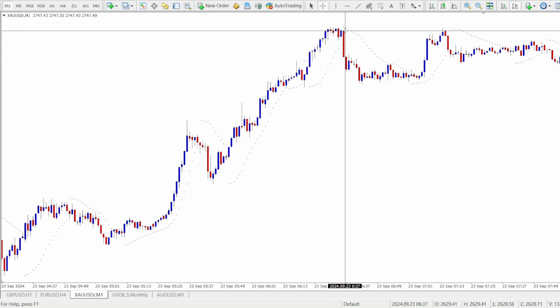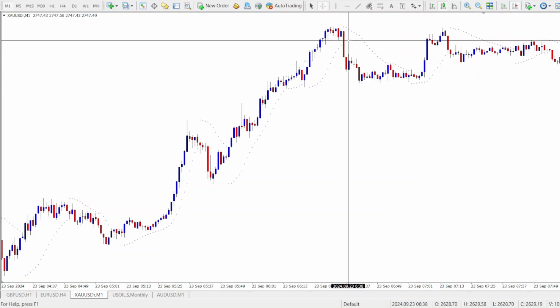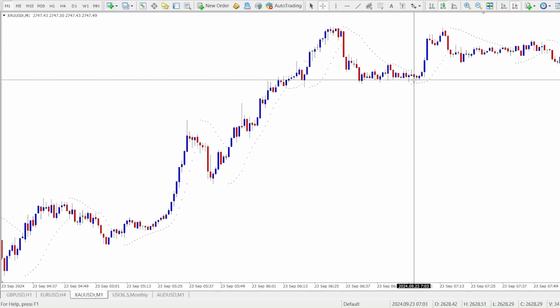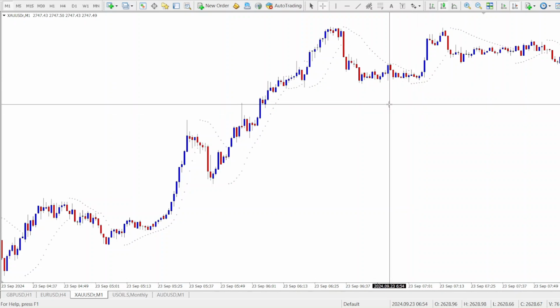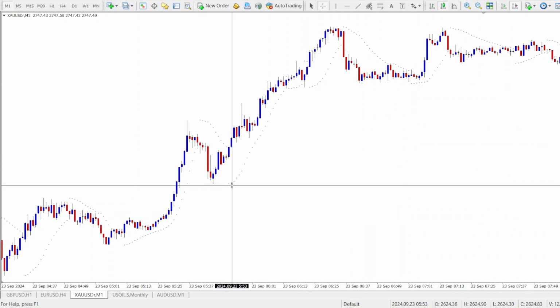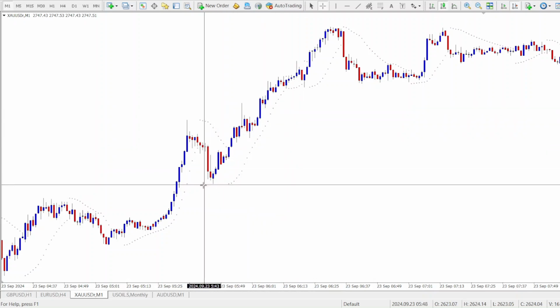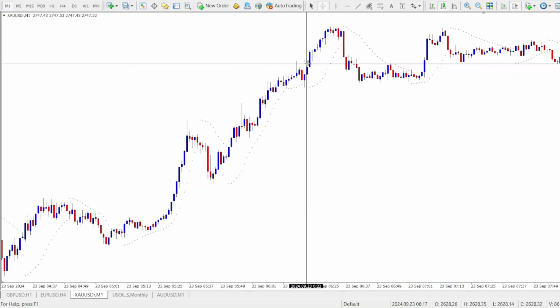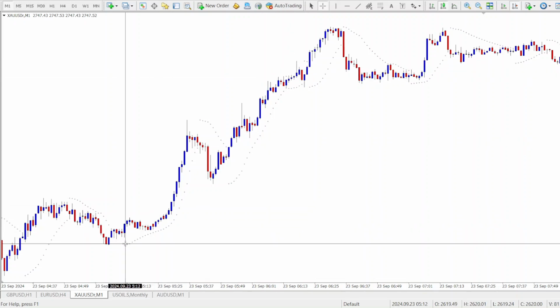Then this is where we would have enjoyed another move until we found another signal here. So it's important to know that no signal guarantees profit. Just by looking at this, we have seen that we would have gotten stopped out twice. However, we would have won this trade.